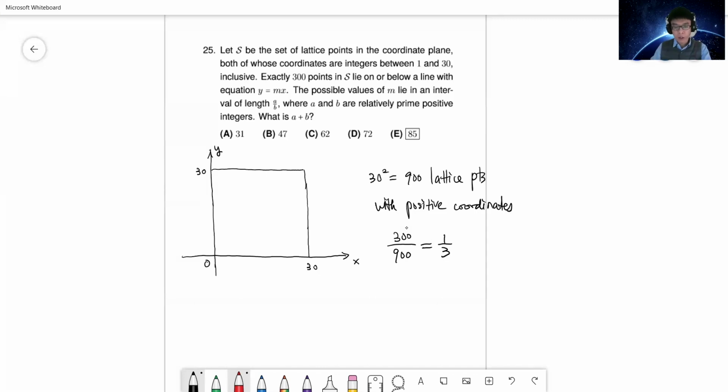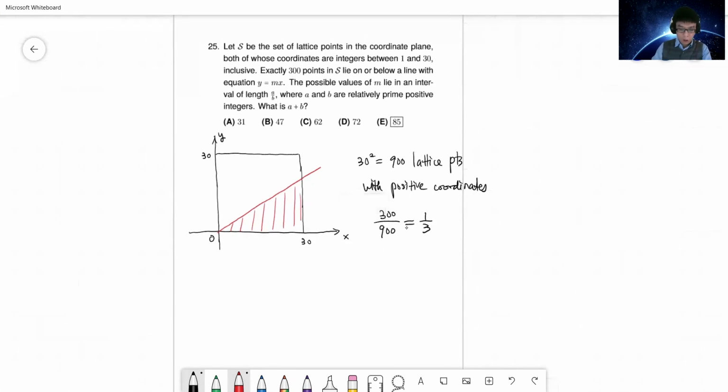If we want to estimate this m, the slope, we basically draw a line such that 1/3 of the area is below this line. So the slope corresponds to 2/3.